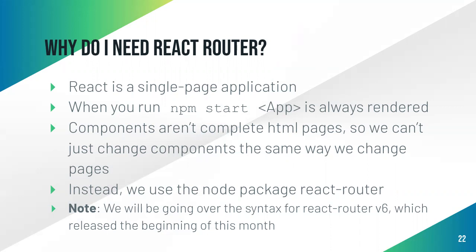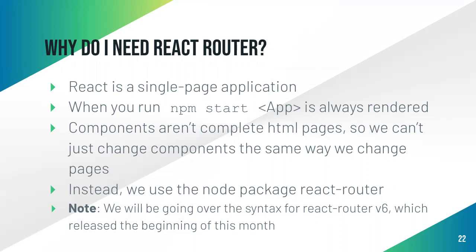And why do we actually need to use React Router in our website? It's because React is a single page application. That's why we can't use a tags to navigate from here to there like we could with HTML, because React is all just one single page.